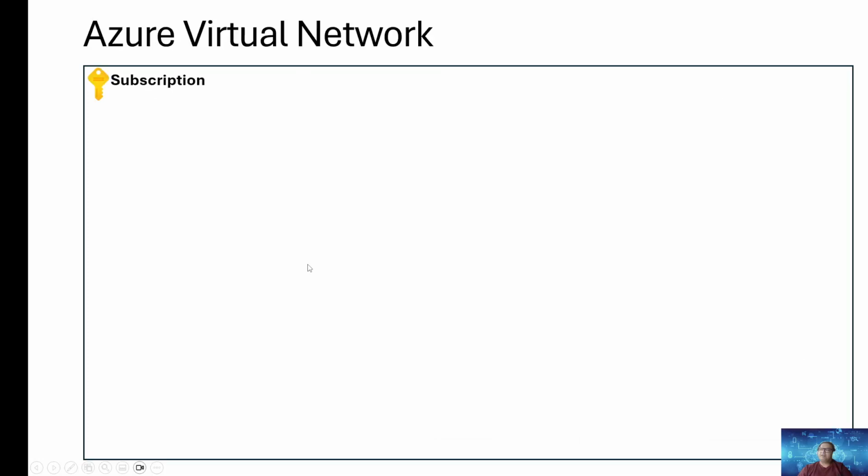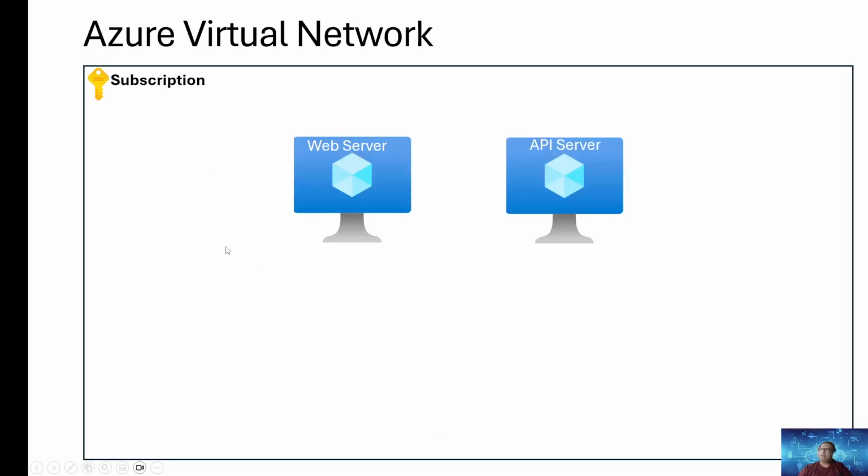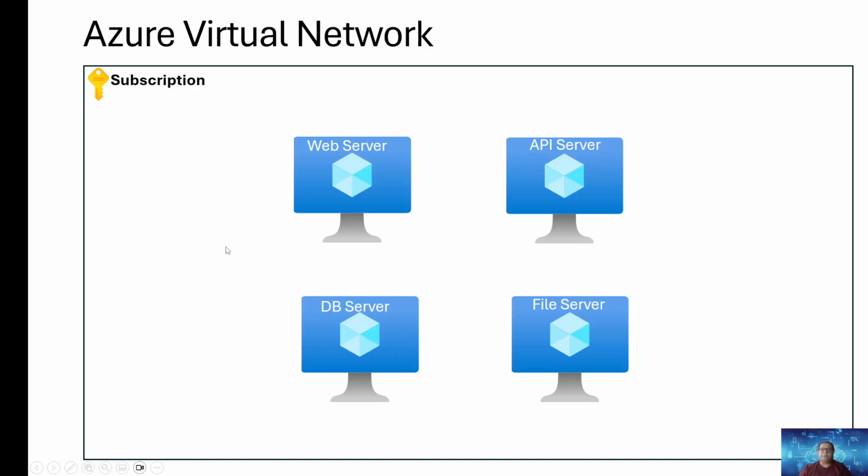So let's imagine here we have a subscription. Within the subscription, let's say I have a need to create a web server, API server, DB server, and a file server. Now, the requirement is also that everyone should be able to talk to everyone here. So in that case, you need to create a virtual network and draw a boundary here by giving the address space.